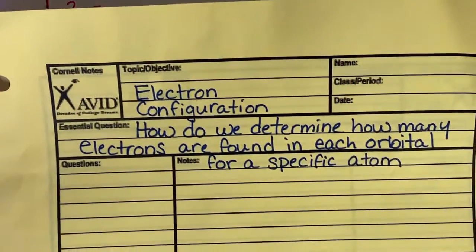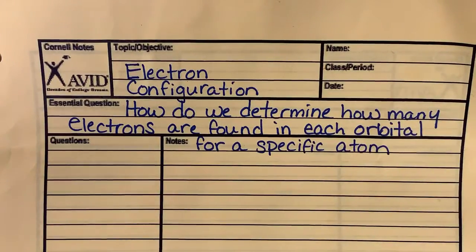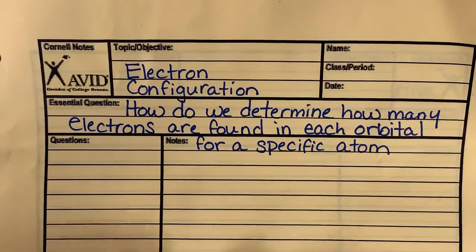So an electron configuration is like an address for the electrons in our atom. Each element has its own address because each element has a different, unique number of electrons. So we started talking about our atom.